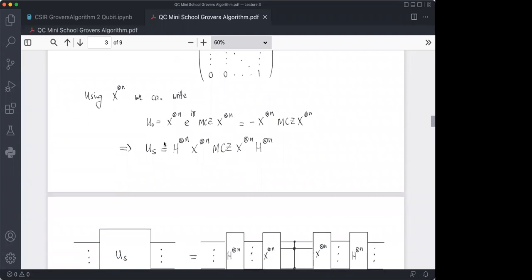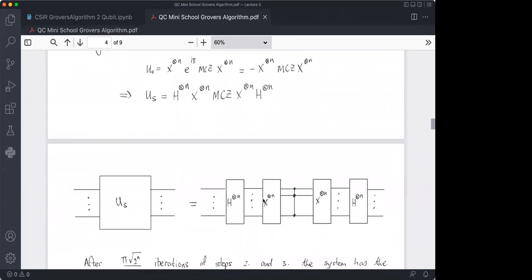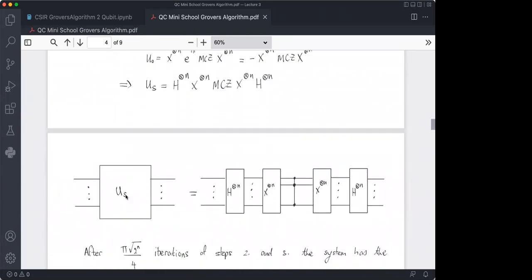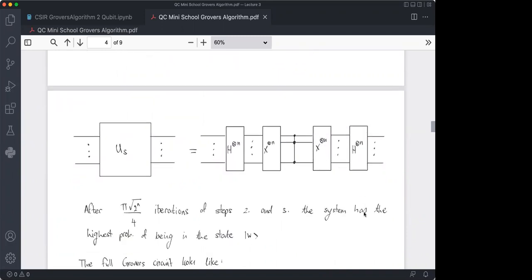This is what the generalized diffusion transform looks like for n qubits. In circuit notation, if you have n qubits, US is just Hadamard, then X over all the n qubits, then a controlled Z, then X, and then the Hadamard again.